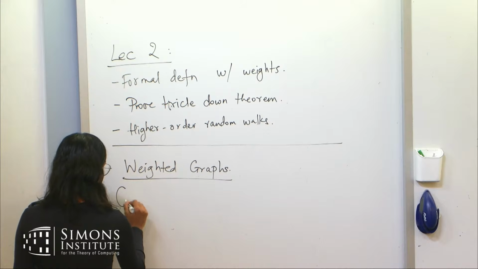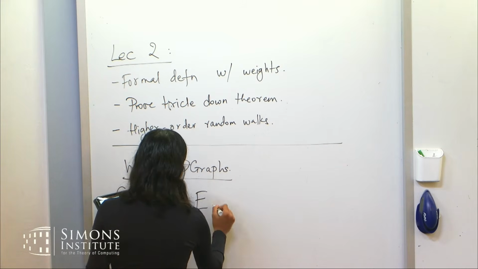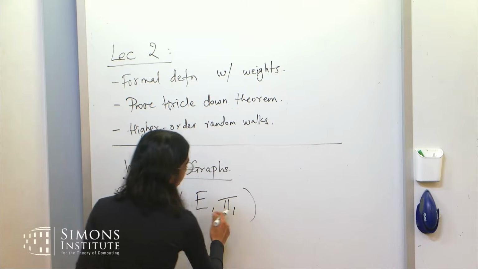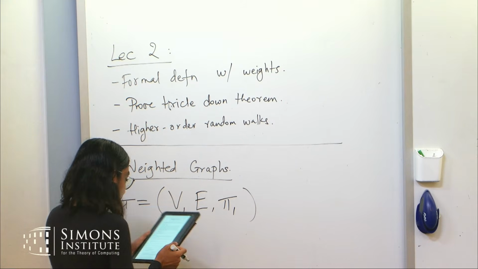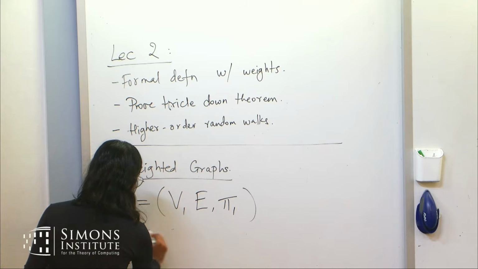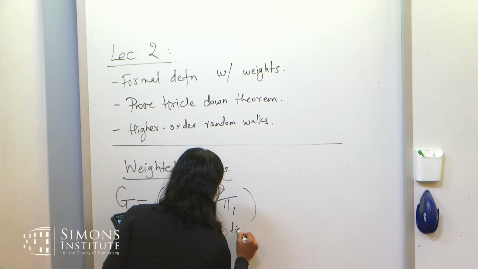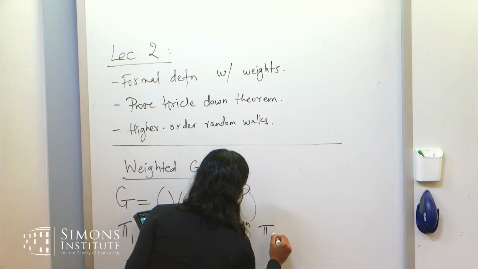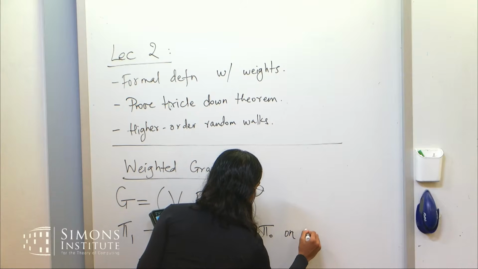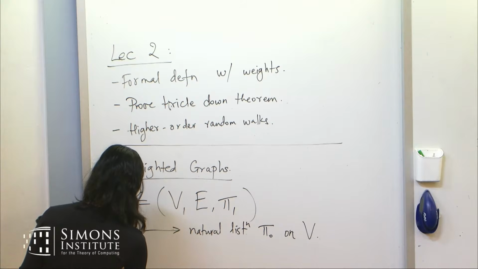Okay, so let's say we are given a graph G on vertices V and edges E with a distribution pi 1 on the edges. Then this distribution pi 1 induces a natural distribution pi 0 on the vertices. And the distribution is what you might guess.